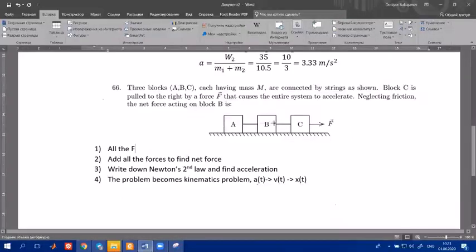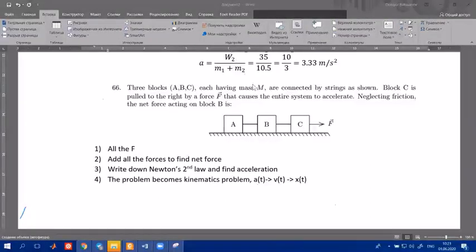They are connected by strings. We have two strings, and that's why we have two tension forces. Let's note them as T1 and T2.